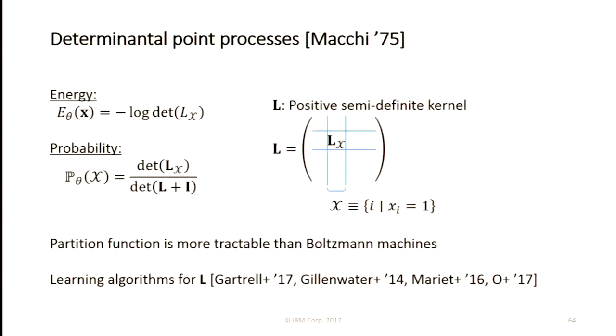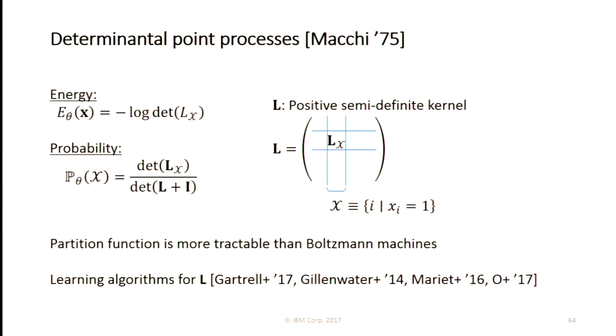I don't think I have much time to talk about the determinantal point process. It is not usually studied in the context of energy-based models, but it is an interesting point process which can be compared against Boltzmann machines.